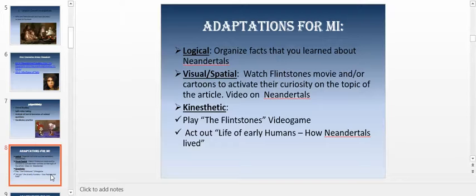Another great way would be to maybe open the lesson with the Flintstones movie or a cartoon, since it's a great way to have students look back at humans living in a different age, the Stone Age. There's also a video game that is available for play. It's called the Flintstones. For kinesthetic multiple intelligence, we could probably create maybe like a scene or act out the early lives of humans.